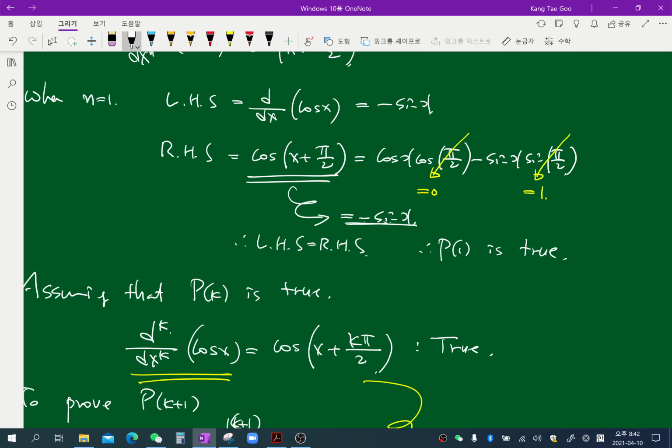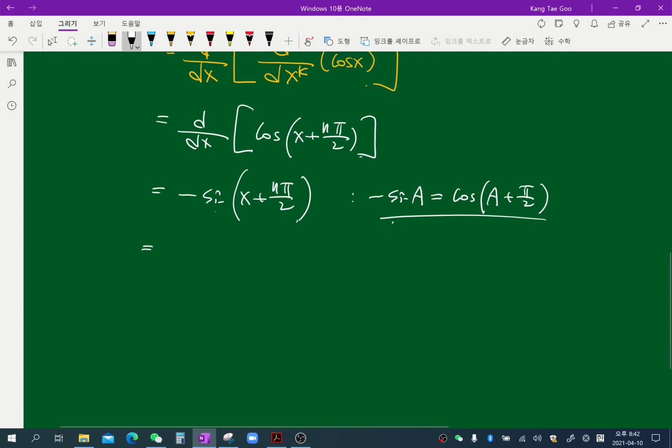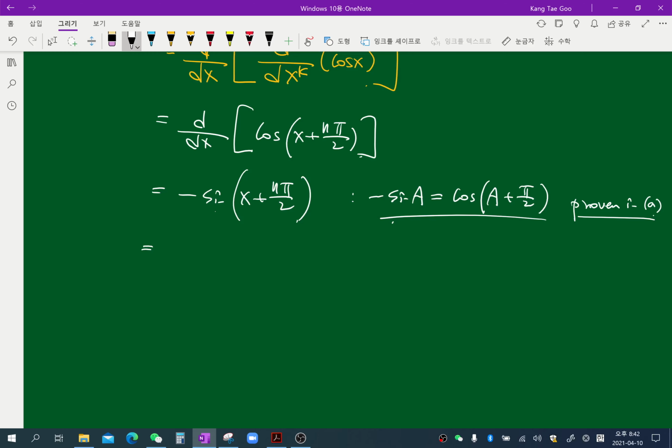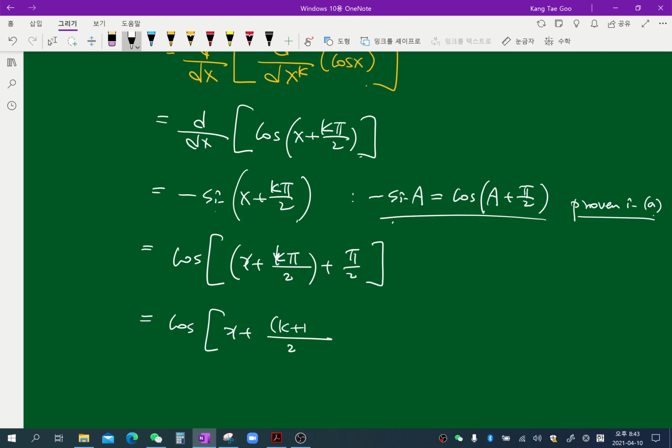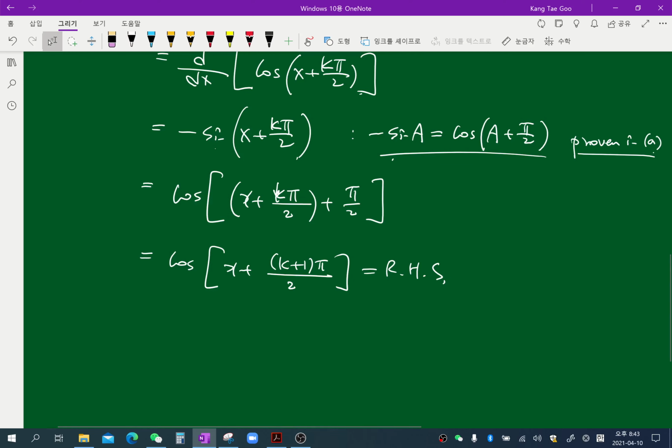Minus sine of something is cosine of something plus pi over 2. We have proven this. So we can change this into the cosine of this entire thing. K pi over 2 plus half pi, which is cosine of x plus half k plus 1 pi, which is your right hand side of Pk plus 1. Right? That's why we can say that Pk plus 1 is also true.